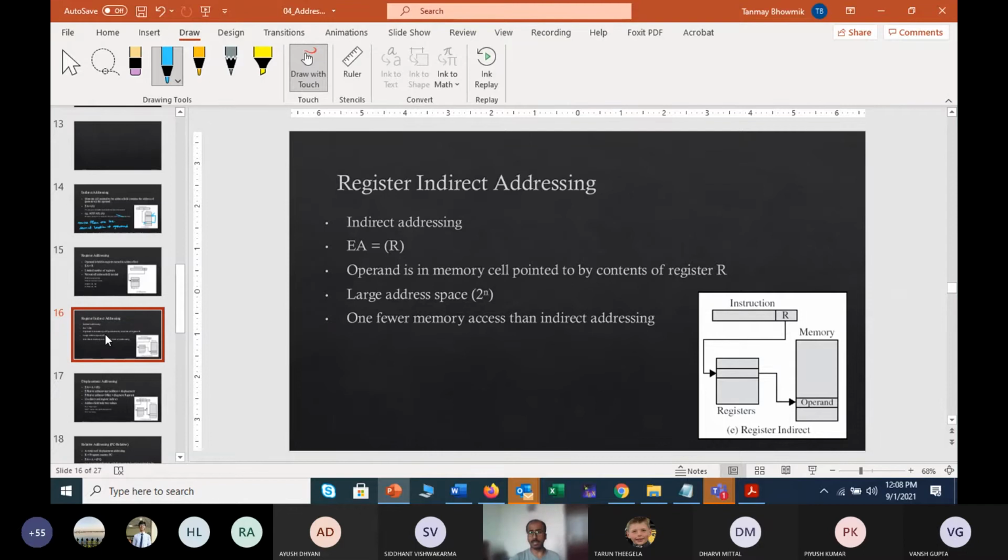Obviously your address space will be much higher, right? Because if there are n locations, then only one register can address all these spaces. So a large address space is available. This is the main advantage.